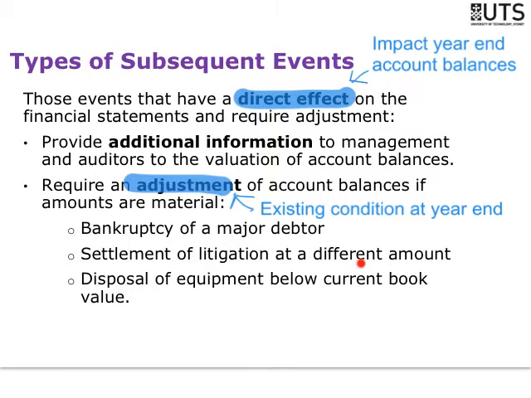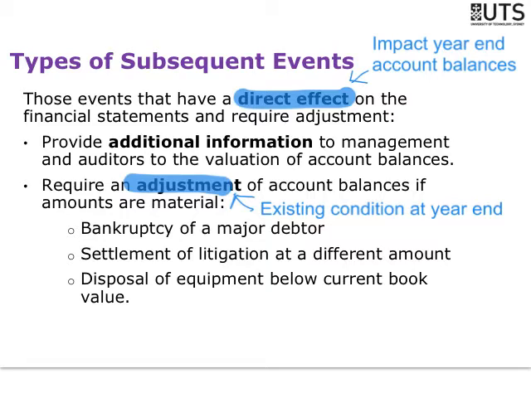If it turns out we sold this piece of equipment below book value, we need to adjust for that because it means that at the year end, we were likely to sell it at this value. It means the equipment itself was overvalued. So without a reliable market value, we assume that this was the true value after year end of the equipment on the balance sheet. So we need to adjust this down as well. The existing condition meaning we have equipment, and once we sell the equipment, if it turns out the value is lower, we need to adjust for that.